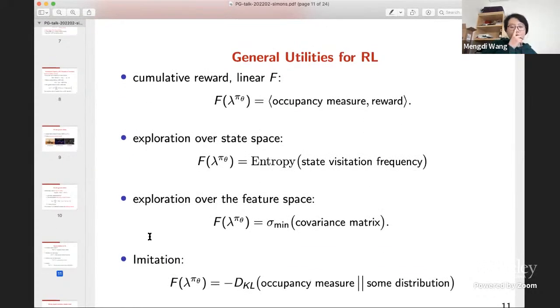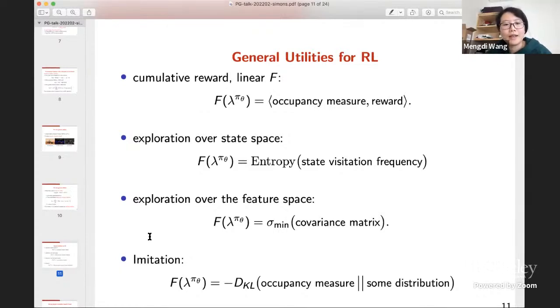Okay, so the prior examples actually all fall into this category for general utility functions. So first, in standard reinforcement learning, we deal with cumulative reward. So the value function of a cumulative reward is exactly the inner product between the occupancy measure lambda and the reward function.